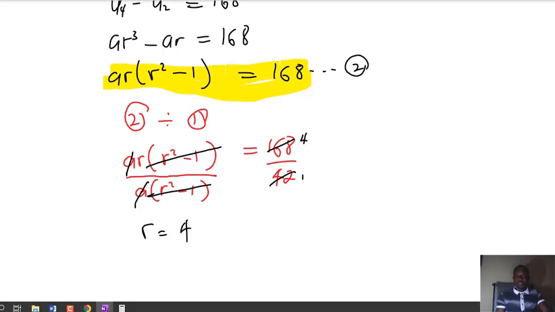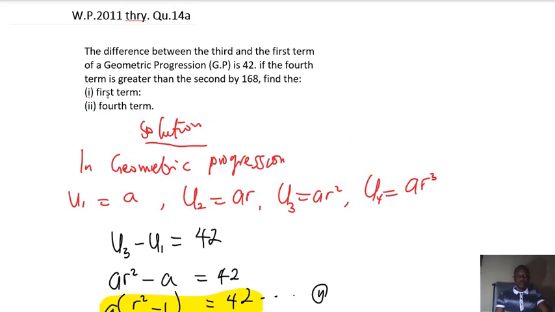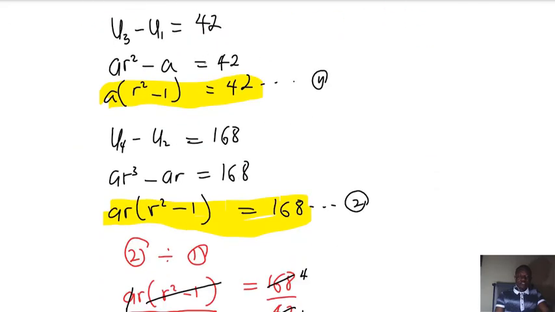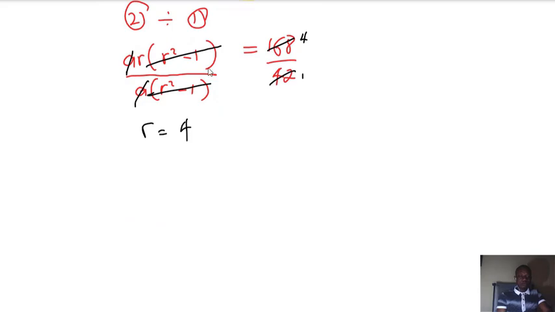But the first part of the question says we should find the first term. So here we can substitute the value of R into equation 1. So we put R which equals 4 into equation 1.